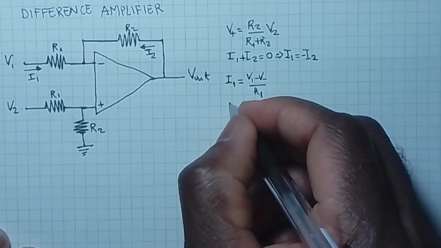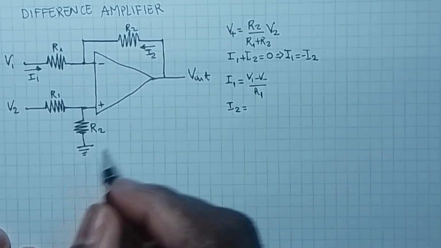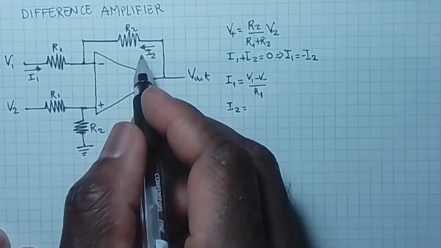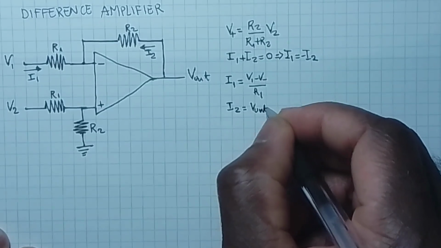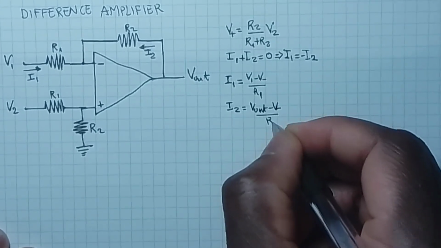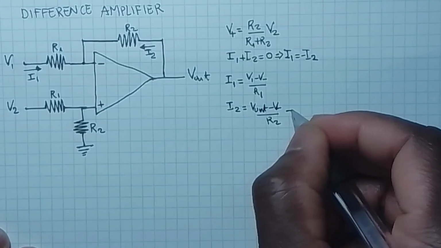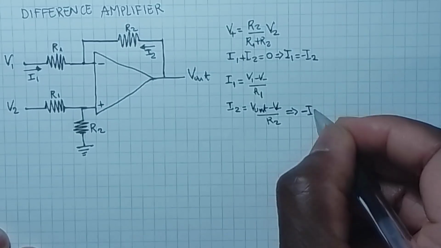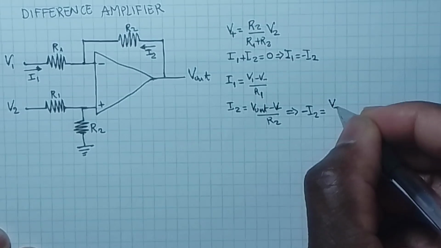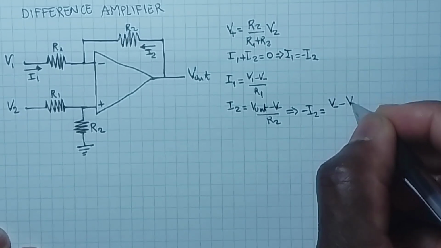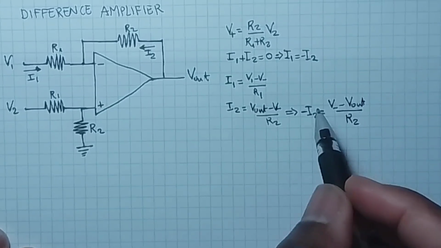And E2 as well will be equal to the voltage across R2 over R2. So it will be V out minus V minus over R2. Therefore, minus E2 will be equal to V minus minus V out over R2.